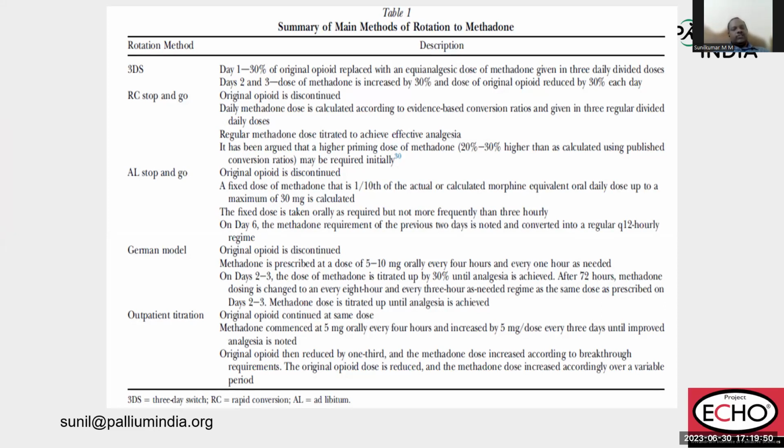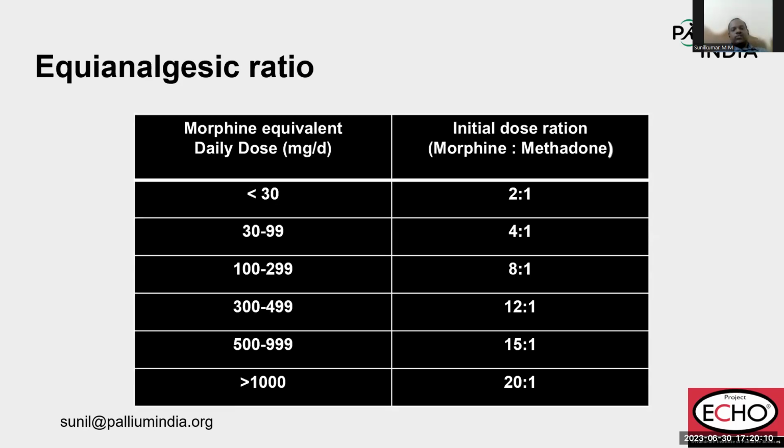The literature also does not advise which is superior, and even a systematic review says nothing is superior. So there was no recommendation. But many people were using the 3-day switch conversion method.